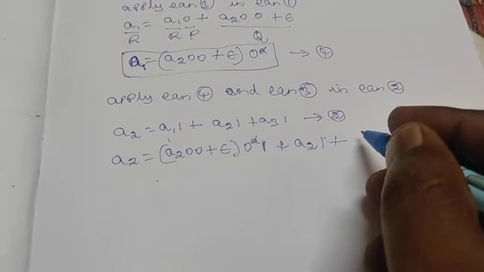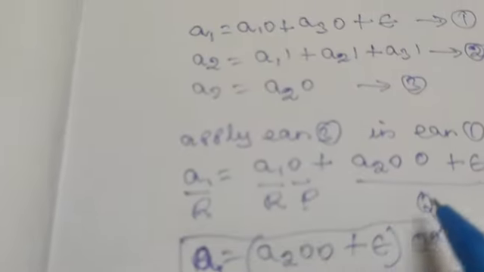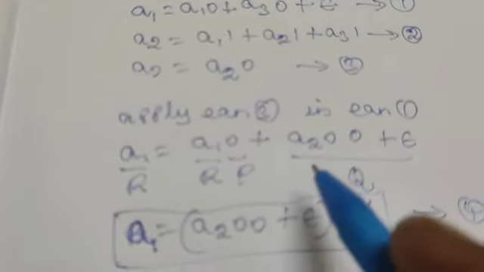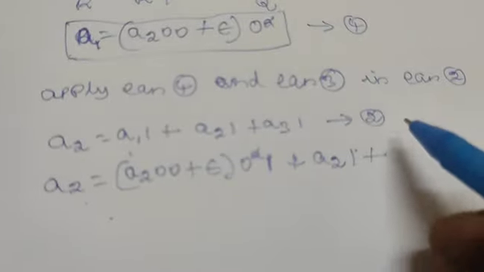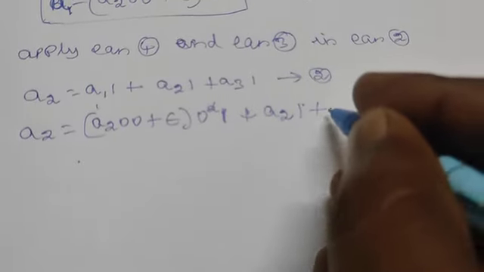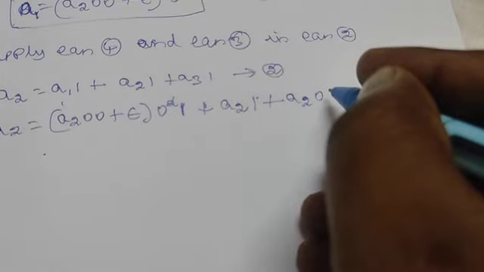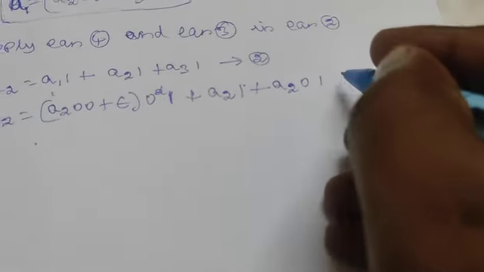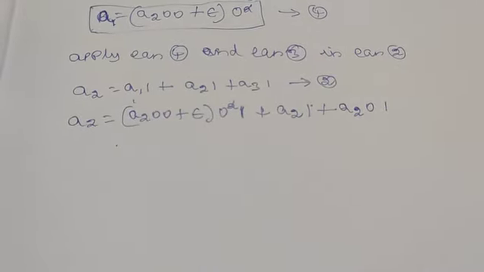So instead of A3 you apply equation number 3 here. What is equation number 3? So equation number 3 is A3 equal to A2 0, okay. So this A3 can be substituted as A2 0, and already 1 is there, isn't it? So now this is the equation which we have got here, okay.